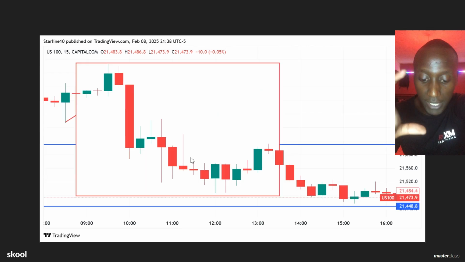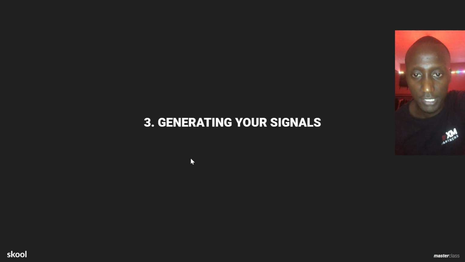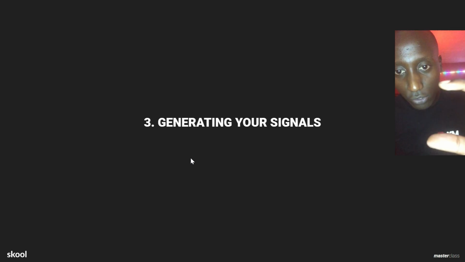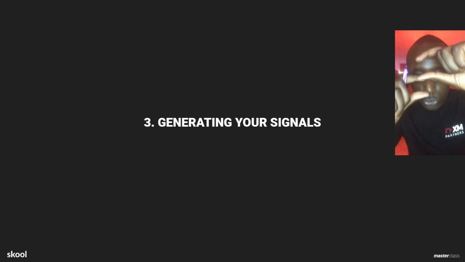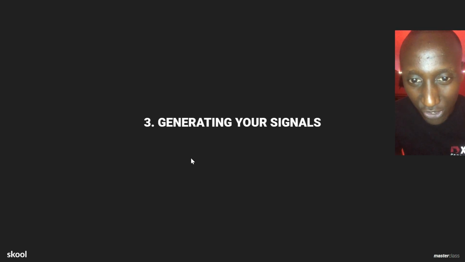We have big candles that are trending in one direction. This is when you want to come to the market. The point here is that you want to understand the basics of the candles themselves and then start building upon those basics until you have your money in your account.